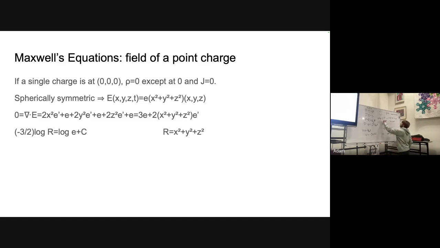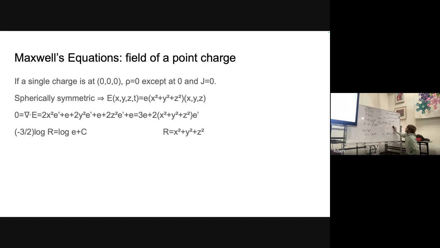So e to both sides, e to the minus 3/2. For consistency's sake, we'll use exp for e to the power of negative 3/2 log of r minus c. I'm going to bring out the minus c. This becomes times any constant c, equals e to the log e, which cancels, so you just get e.